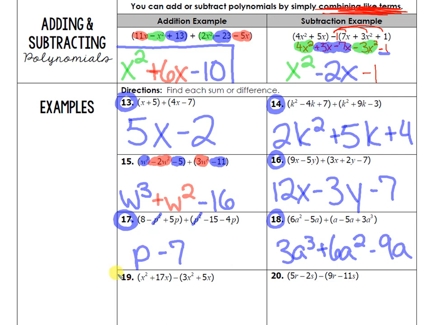So I'm going to distribute my negative, or my minus, so negative 3x squared minus 5x. My beginning didn't change. So I can combine my like terms, my biggest exponents. X squared minus 3x squared is going to leave me with negative 2x squared. 17x's minus 5x's are going to leave me with a positive 12x's.